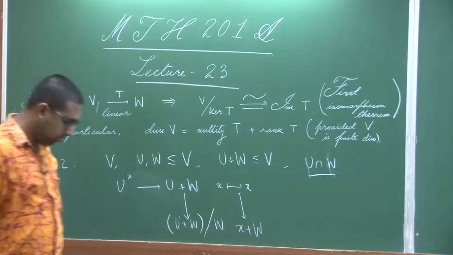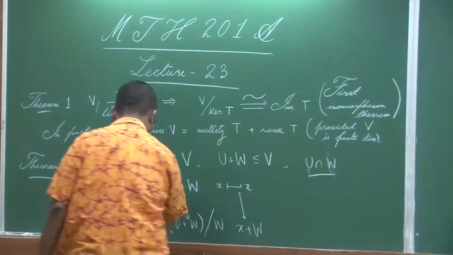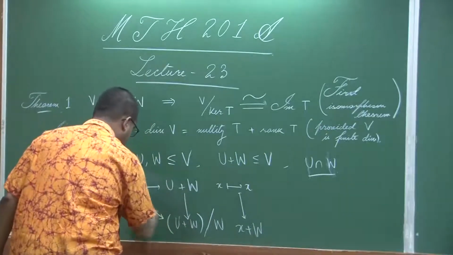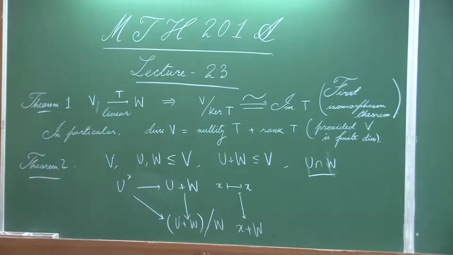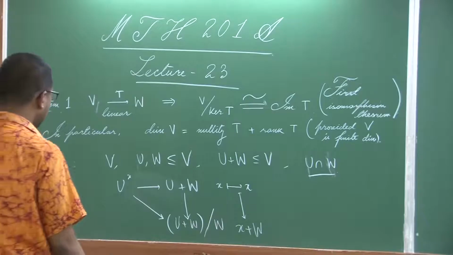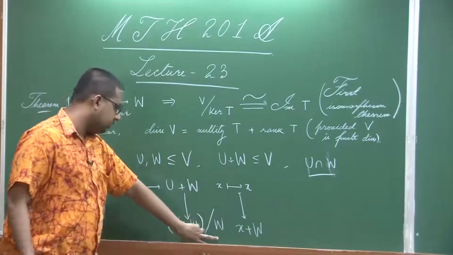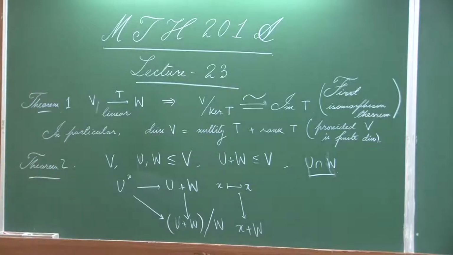Now, the question is, you take the composition. So, it is a linear map from U to U plus W whole mod W. What is this space actually? With the vectors of U, we have added the vectors of W, and then whatever lies in W, we are equating that to 0.